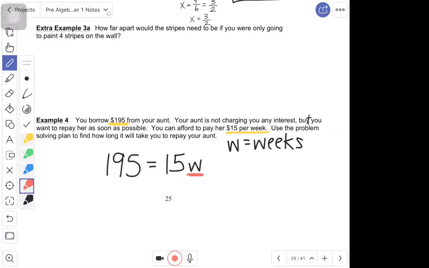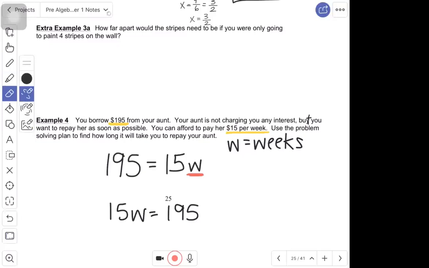So now we're just going to solve for W. So we can do a little switcheroo. So we have our variable on the left. Questions on this part? If she was charging us interest, then we'd have to subtract from this side what we're giving her. Then we'd have to add something there.